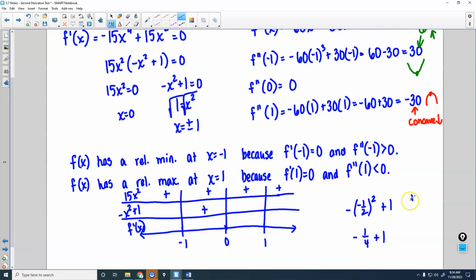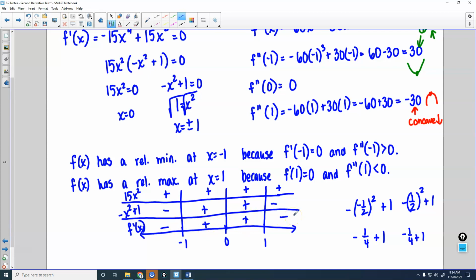And then if I plug in positive 1/2, it really doesn't change anything. You still get negative 1/4 plus 1. So you'll still get a positive here. So you don't even really have to check these points over here. You would have a negative here and a negative here if you did. So that tells you negative, positive, positive, negative.